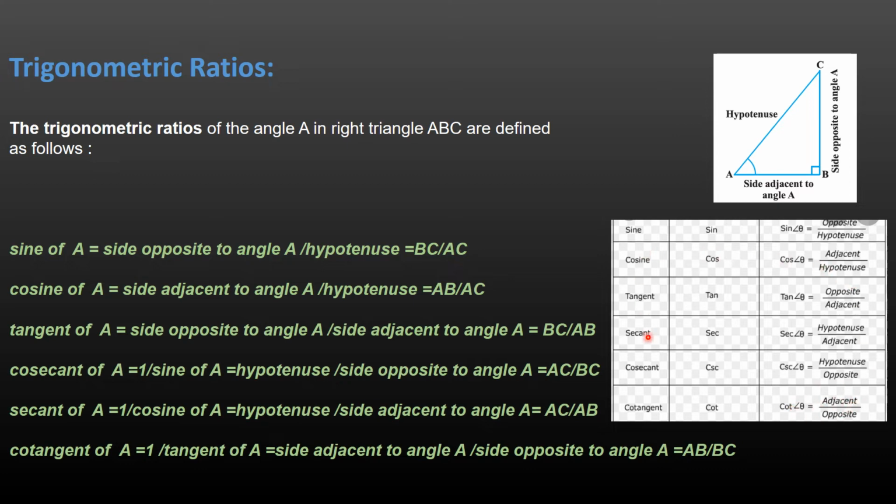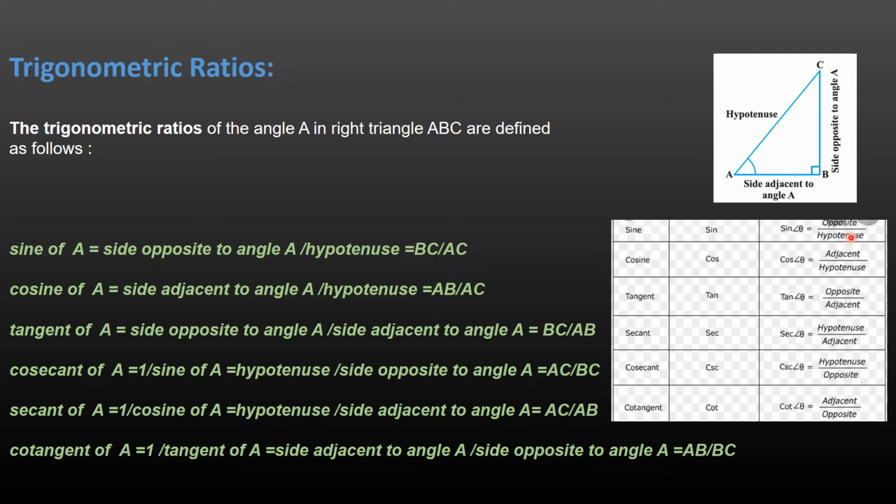So these six ratios which are explained here are very important for you to keep in mind, so that it will be very easy for you to solve any complex problems based on these simple six ratios that you get in your examinations.